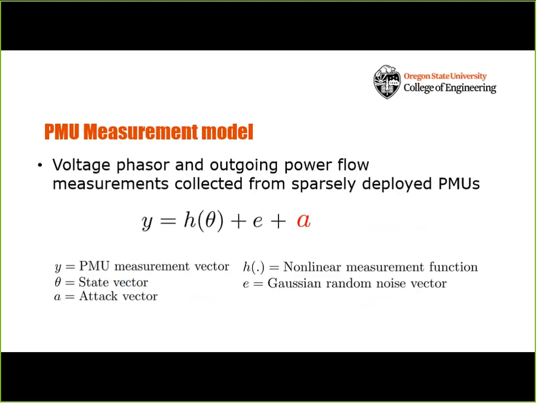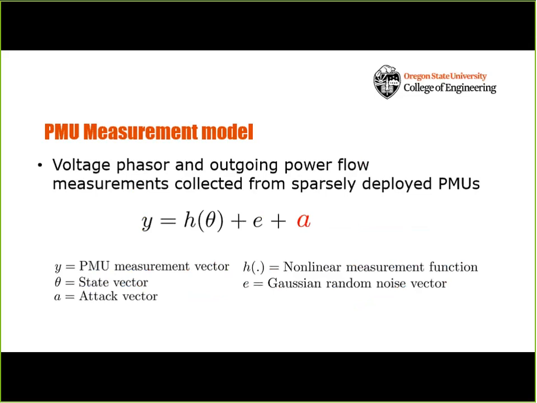Let me now move on to the PMU measurement model we are considering in our work. At one bus with a PMU, we collect voltage phasor and outgoing power flow measurements in the connecting branches for that PMU. We assume that PMUs are sparsely deployed in the network.